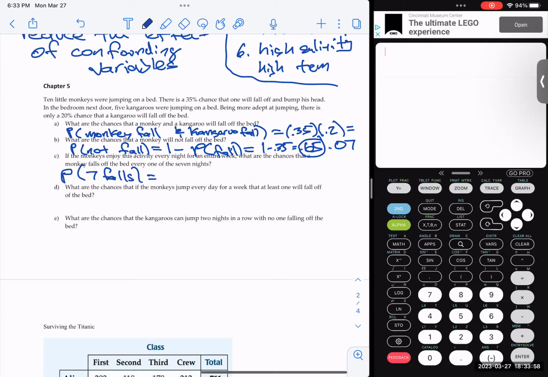That's the same as 0.35 times 0.35 times 0.35, 7 times, right? What's an easier way to write that? Absolutely, 0.35 to the 7th power, which is going to be a pretty tiny number. Anybody want to tell me what that is?